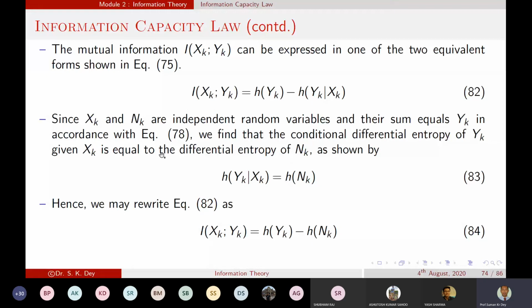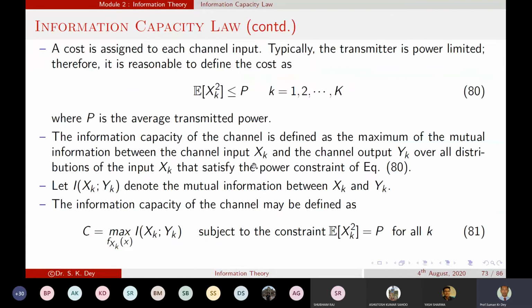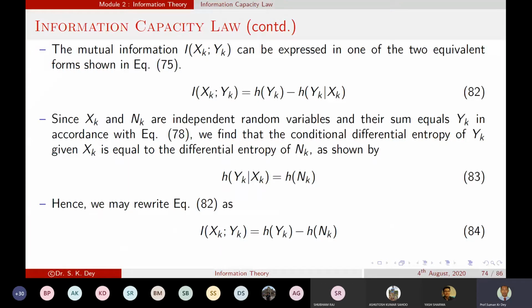That means both are independent variables and their sum is Y, as we have already seen in the previous equation. Y is equal to these two terms, and these two terms are independent of each other. So what should be the Yk? All the Yk are independent. Yes or no?